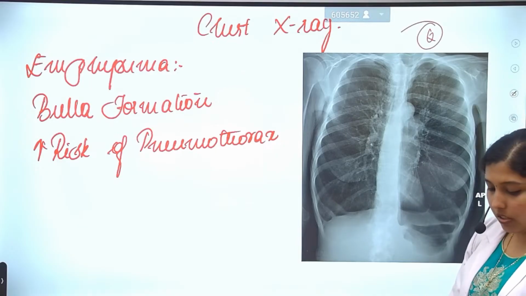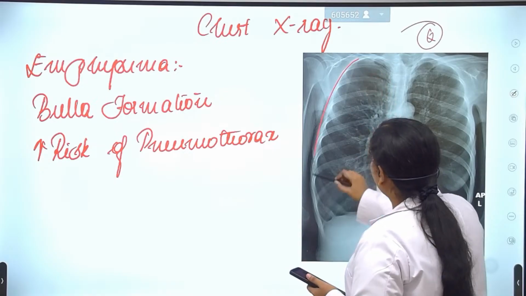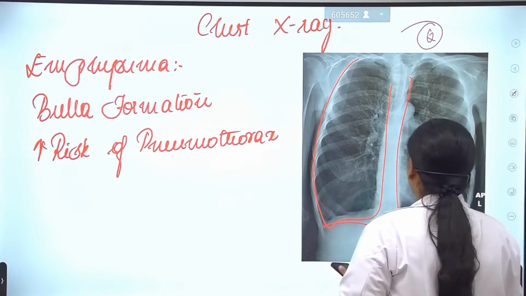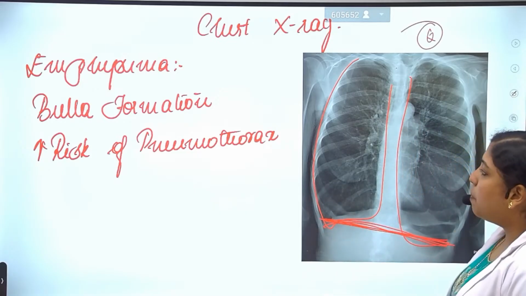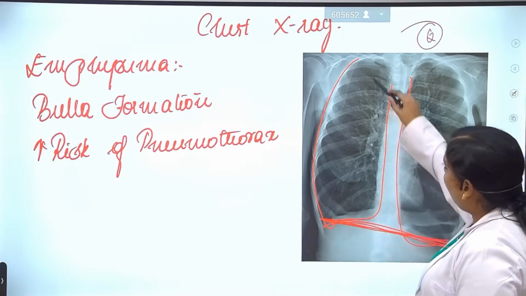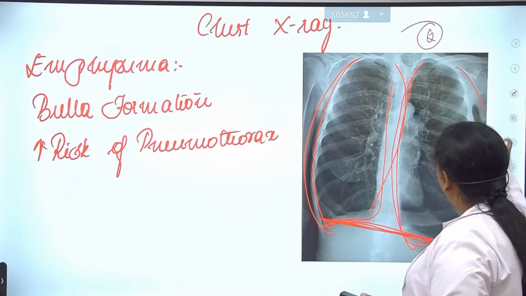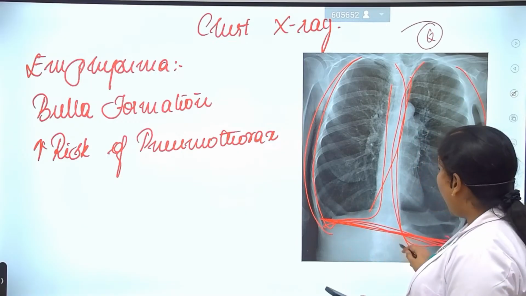Chest X-ray is a very important question part to note in case of COPD. First and foremost, as I said, there will be hyperinflation of the lungs, and you can see the flattened diaphragm. See, the lungs are occupying the whole cavity. This is termed hyperinflation of the lungs, and there is a flattened diaphragm.